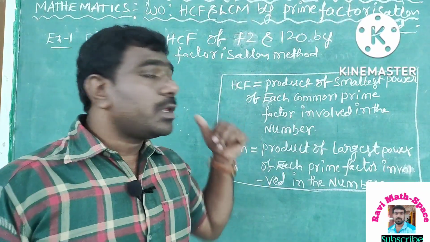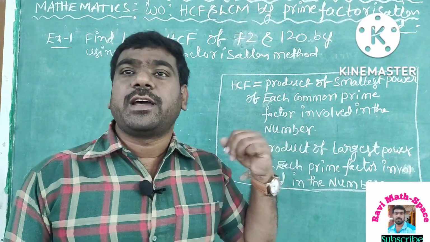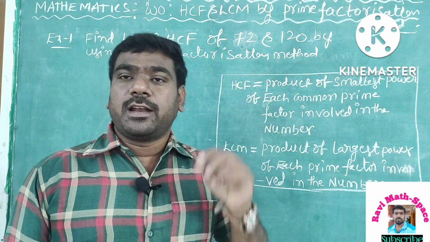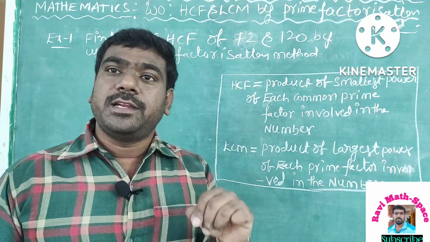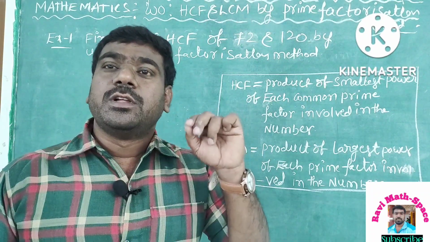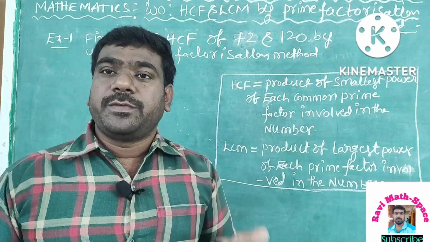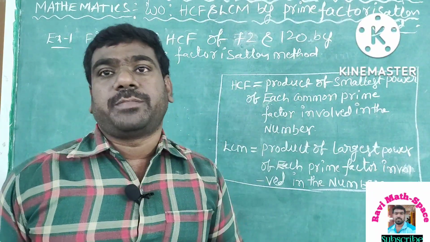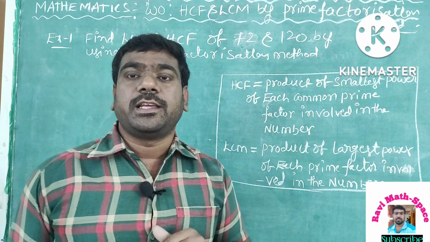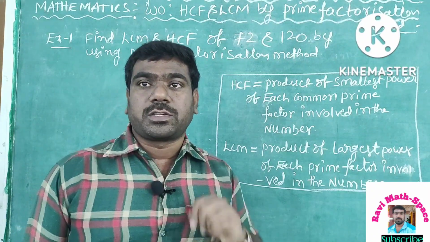This is the definition of the fundamental theorem of arithmetic. I have already explained it in detail in the previous video. You can watch that video; I will provide the link in the description box.